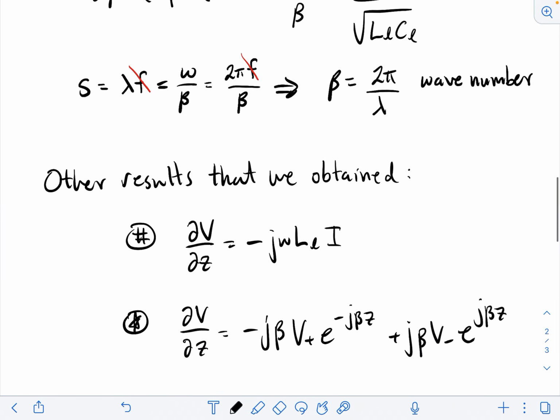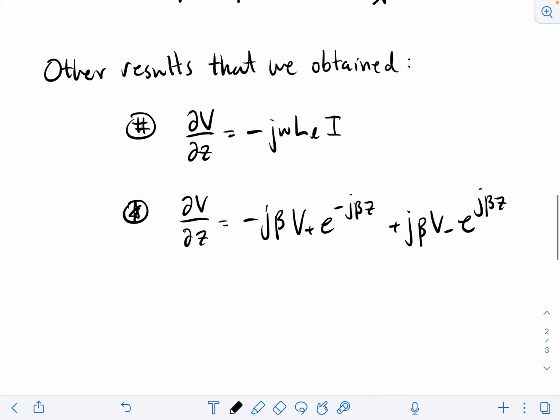The last bit of review is that in the previous video, we highlighted two innocuous results. They were both results for the position derivative of the voltage amplitude. One was labeled number sign: dV/dz is equal to minus j omega L times I. The other was labeled star: dV/dz is equal to minus j beta V plus e to the minus j beta z plus j beta V minus e to the j beta z.